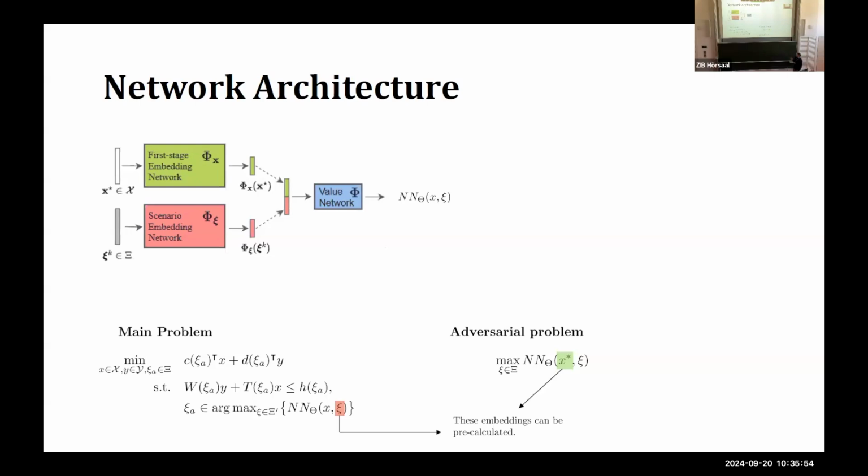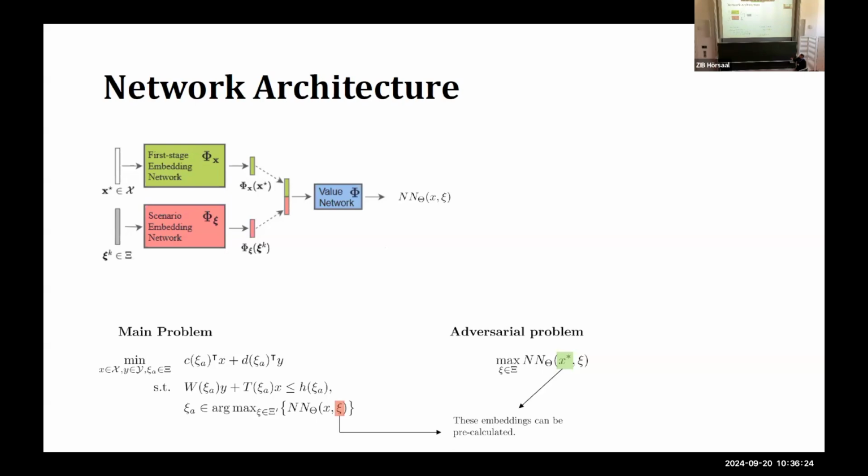So the advantage here is that when you consider the main problem, here the Xi's are actually given in your uncertainty set. So these are already known. So this part here, you don't have to optimize over it. You can just pre-calculate it. So you just send your scenarios through the network, you get the value. You don't need to model this mixed integer program formulation for the red part here. The same in the adversarial, you have your X star already. You don't have to optimize over the X here.